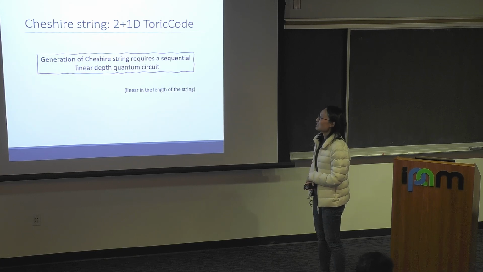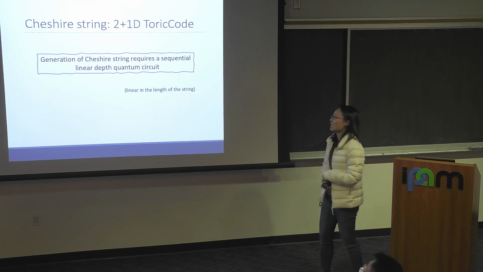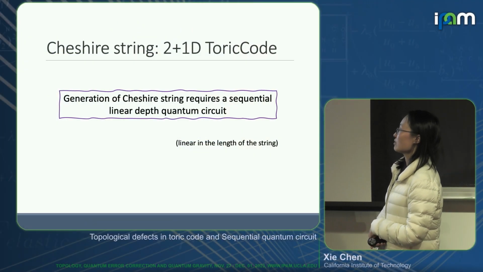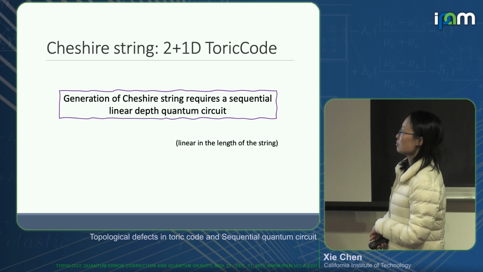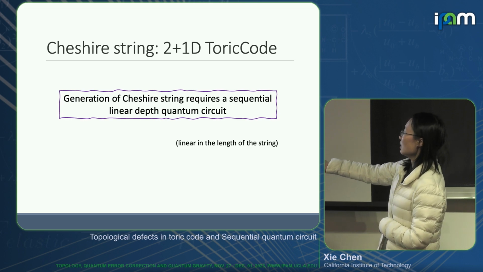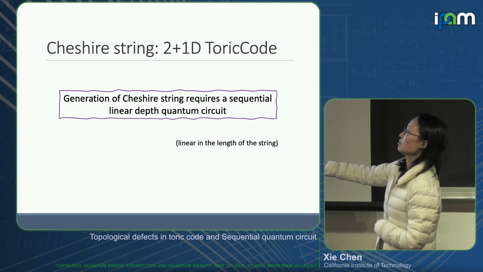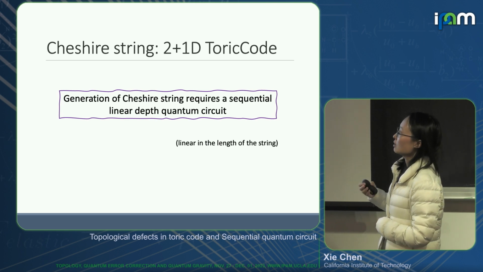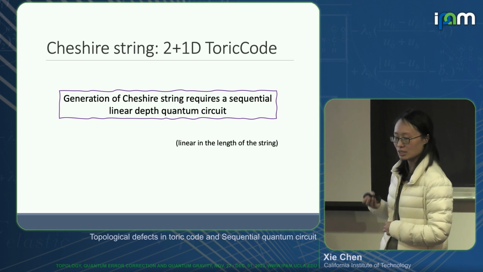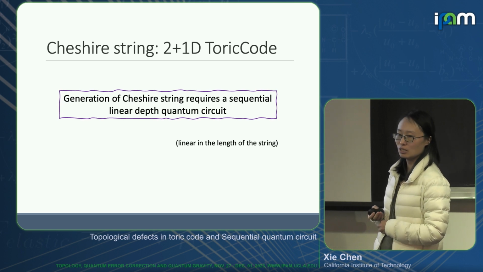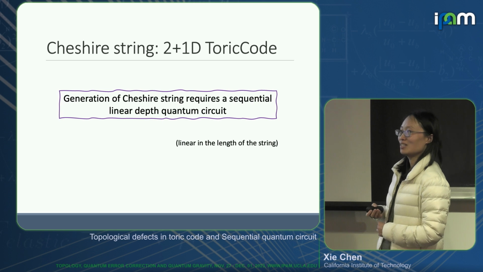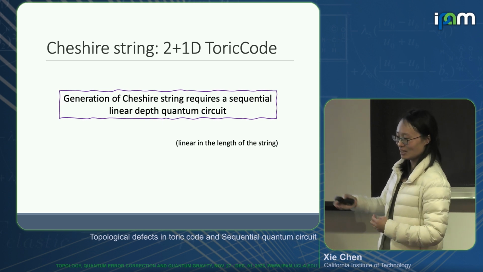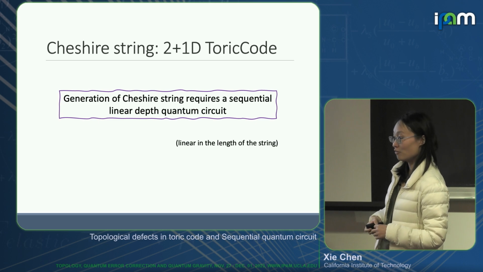Right. Okay, so the first take-home message is that the generation of Cheshire string requires a sequential circuit with depth linear in the length of the string. So this is a way for us to see that this Cheshire string is actually a non-trivial kind of defect, because anything trivial would be something that's generated by a finite depth circuit.